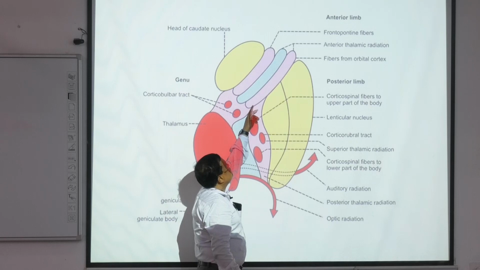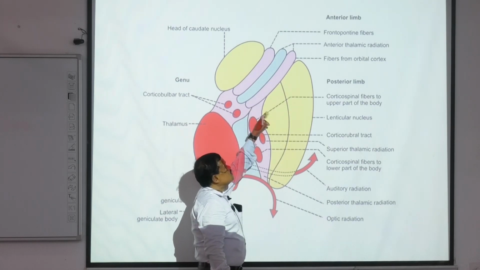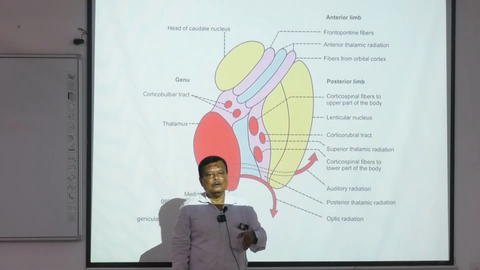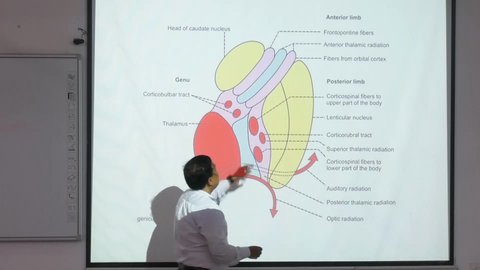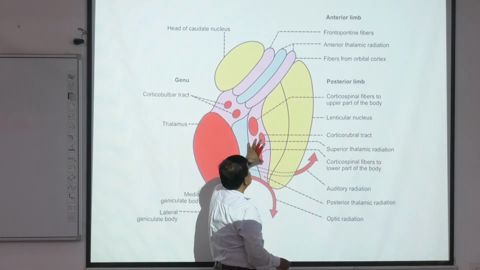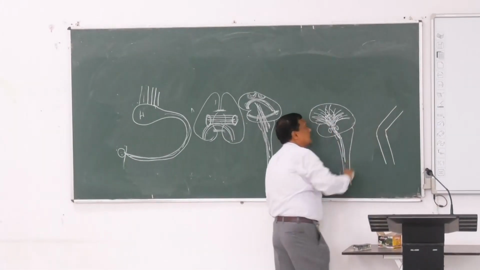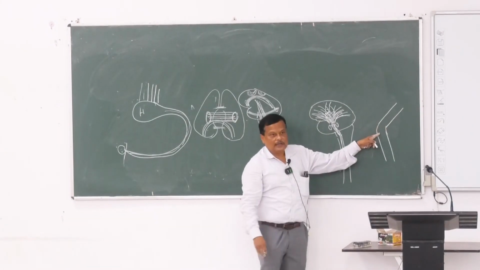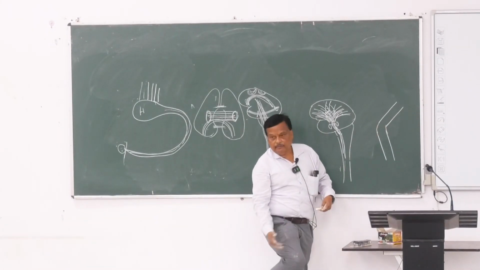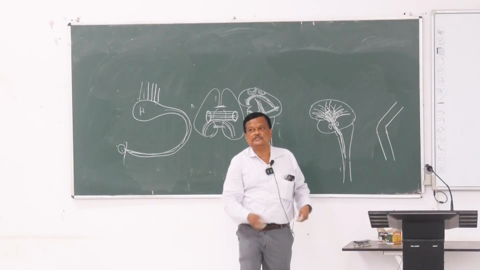Parts. It is V-shaped. It has got an anterior limb, a posterior limb, and a genu. So this is the anterior limb, this is the posterior limb, and this is the genu.